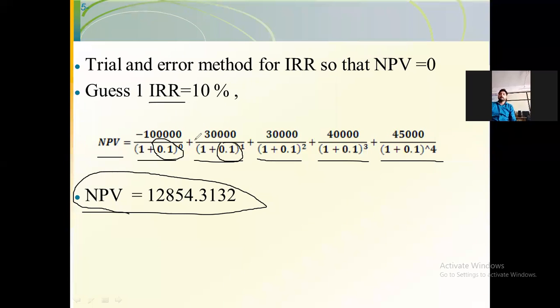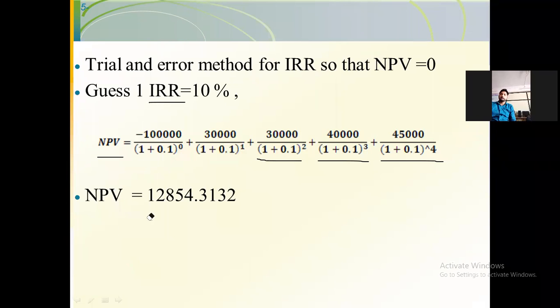So here we come to know that we have to reach 0, and we got this particular value. So we have to increase the internal rate of return value so that we can reach NPV equal to 0. Getting my point? This is also a logical thing that we need to understand.